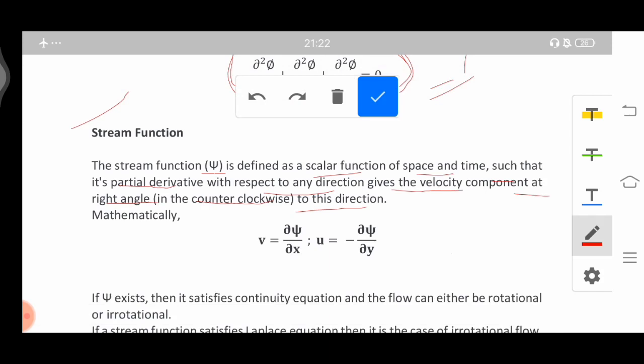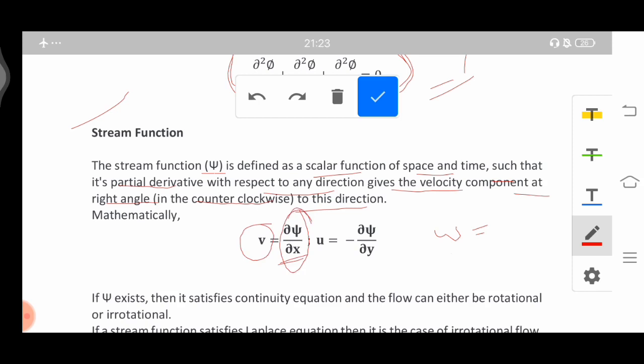Just one more thing, we don't consider w or the third dimension in the stream function. It is considered only in two-dimensional flows, and the derivative with respect to one direction, x, will give the velocity in the right angle direction.